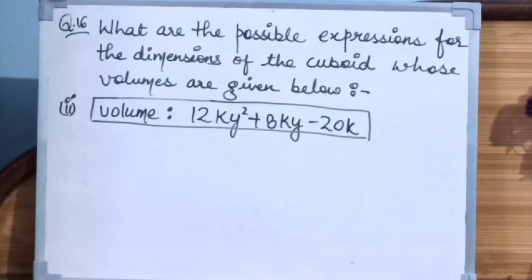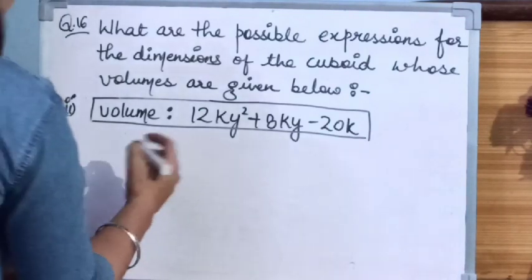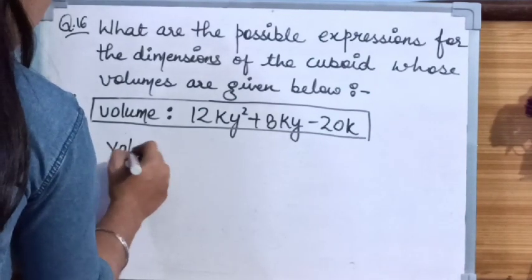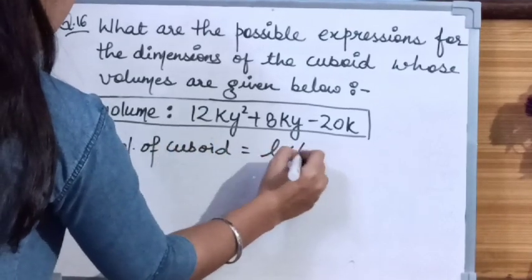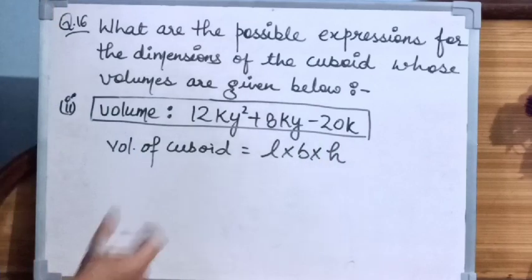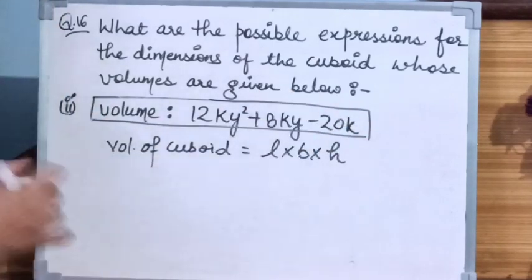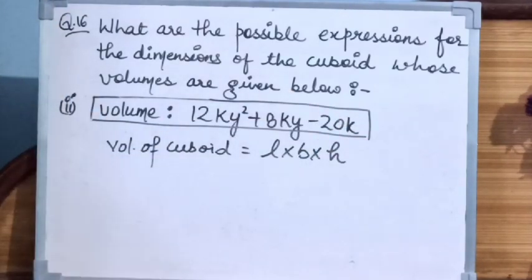Now the second part of this question, as you can see, has volume equal to 12ky square plus 8ky minus 20k. The volume of the cuboid is length into breadth into height, and again we have to factorize our volume to find the length, breadth and height.